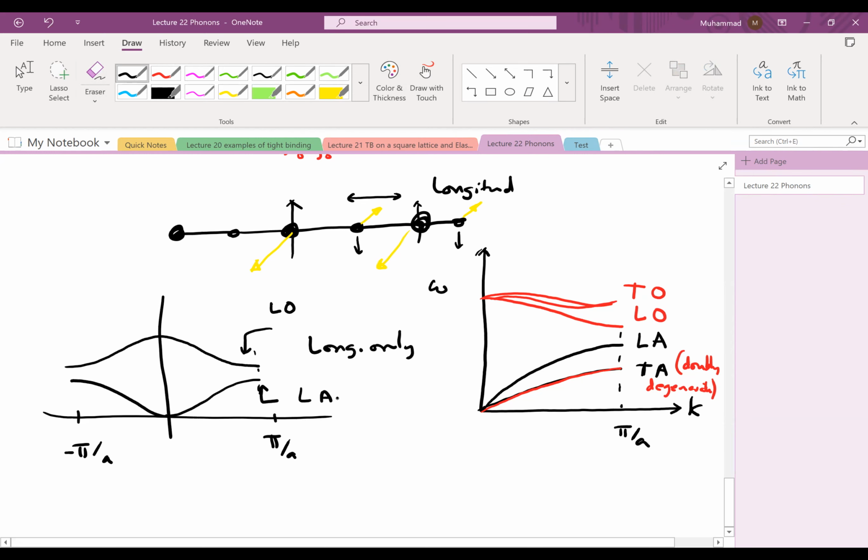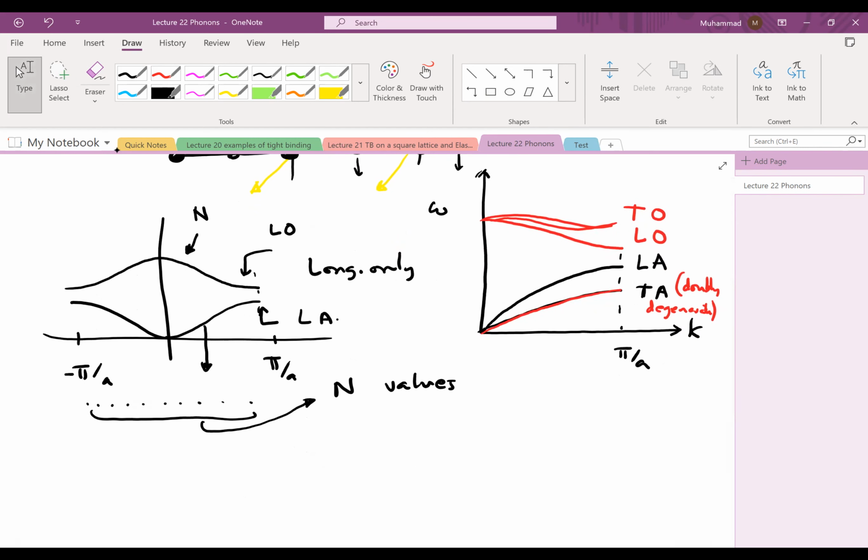All right. Now, I also know that in each one of these bands, there are capital N K values, where capital N is the number of unit cells. So there are N K values inside the acoustic band and there are N K values inside the optical band. All in all, there are 2N K values inside the two bands.